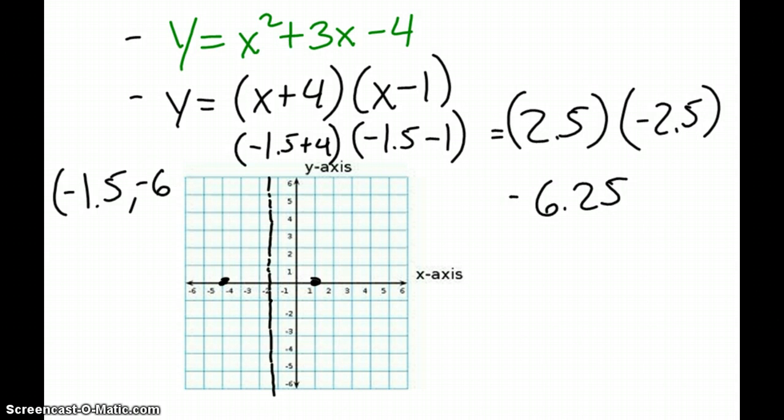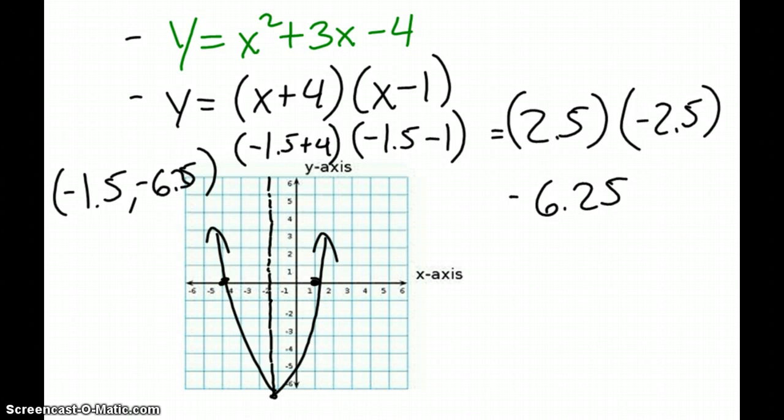So my vertex is going to be at the point (negative 1.5, negative 6.25), and I can draw in my parabola by using factoring and zeros.